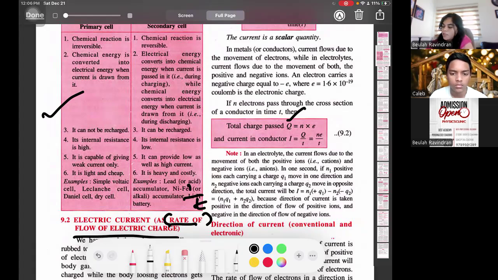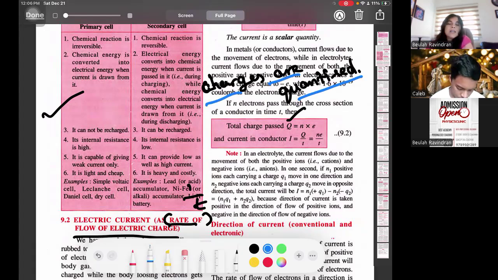Always, charges are quantized. Make a note of this in your notebook. Charges are quantized. What does that mean? It means that if you want to measure the current, can you take one positive charge out of it?